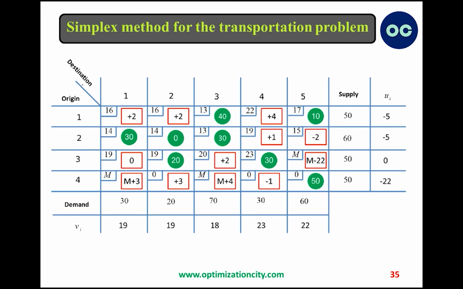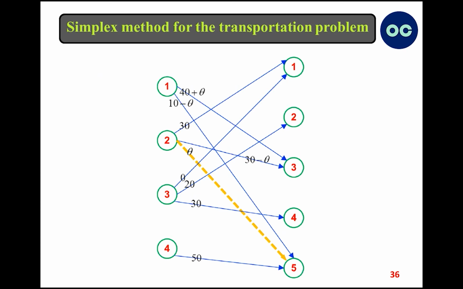In the given table, the variable x25 has the smallest value of Cij minus ui minus vj and is chosen as the input variable because it is negative. To determine the basic output variable from the basis, we employ the following method. We use the cycle process to update the flow of the arcs.